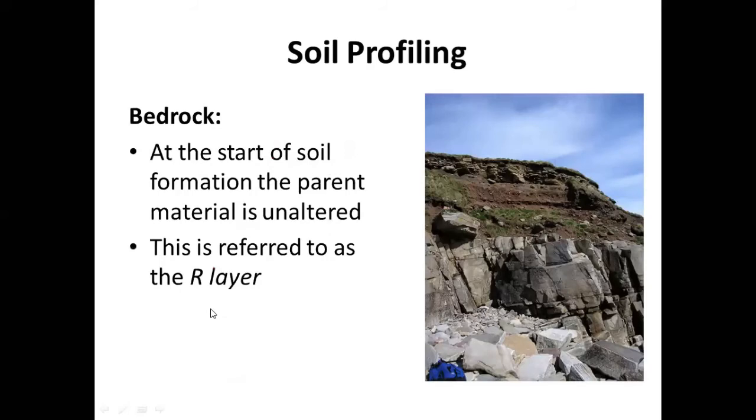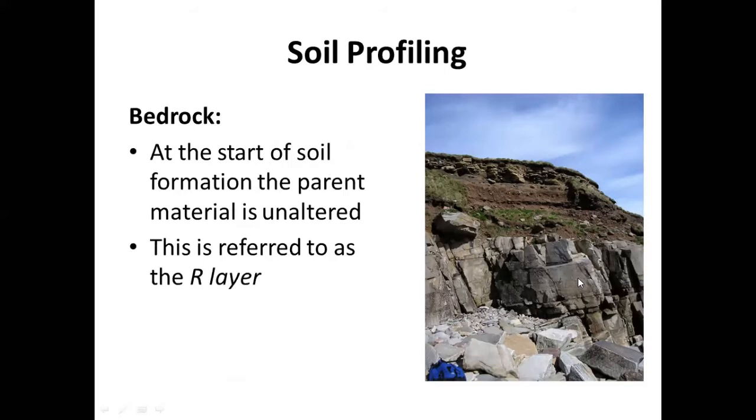We already know from the first class that soil forms on the bedrock. At the start of soil formation, the parent material is unaltered, which means consolidated, not unconsolidated. On the right side of the picture, these are hard rock, and there is no soil.